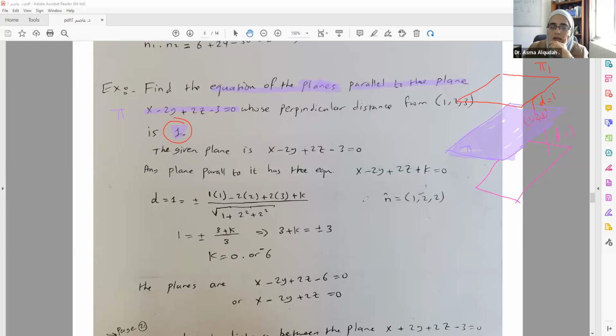The information given in the question is the distance d, which is equal to 1. But as long as we are dealing with the distance one time above the plane and the other time under the plane, we give that distance two signs, plus or minus 1.